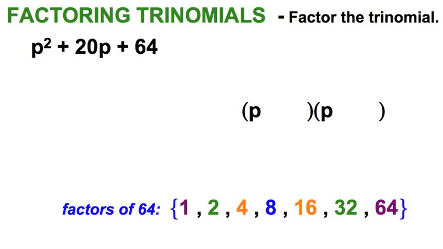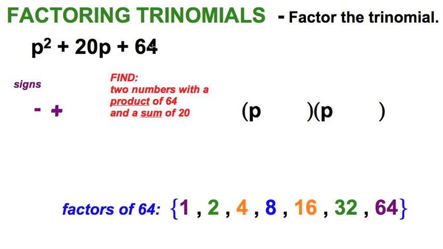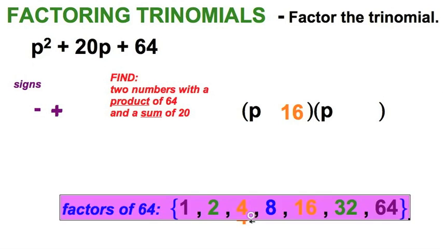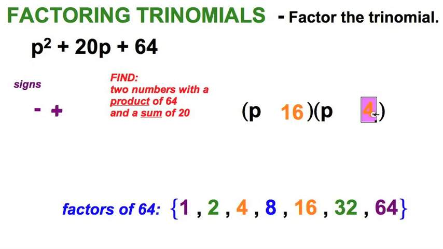So here we go. I've got my signs, and I know my criteria. I want a product of 64, and this tells me a sum of 20. Well, no problem there. I could see right there, 4 and 16. So I'll just put that 16 here, and I'll put this 4 over here.